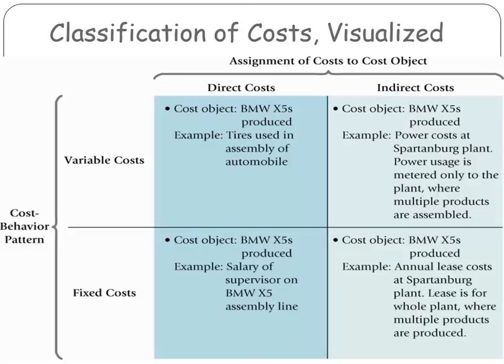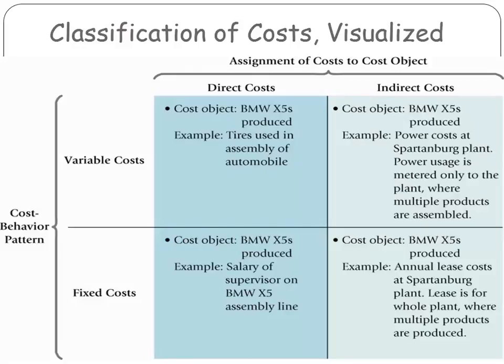If you sell 1 car, it's going to be $1,000 worth of tires. 2 cars, $2,000 worth of tires, whatever. A variable cost that might be indirect could be power usage. The more cars you produce, maybe you have to do a second shift or a third shift, and therefore the power usage will increase with the higher level of production.